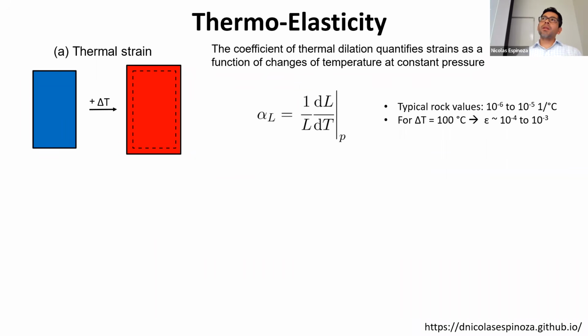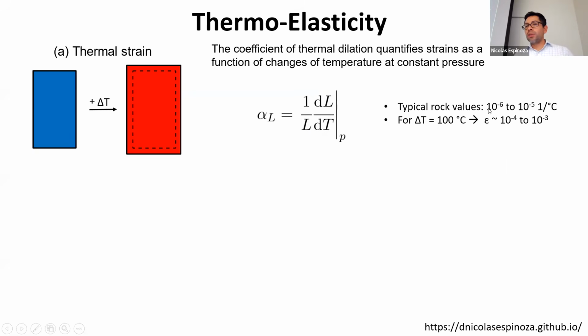Let's now extend the mechanics to thermoelasticity. I think you guys are all familiar with the concept of thermal dilation, right? So materials, most materials, when you increase the temperature, they dilate. That's what is called a thermal strain, and it's quantified by the thermal expansion coefficient that tells you the variation in length relative to the original length for a change of temperature, in this case at constant pressure.